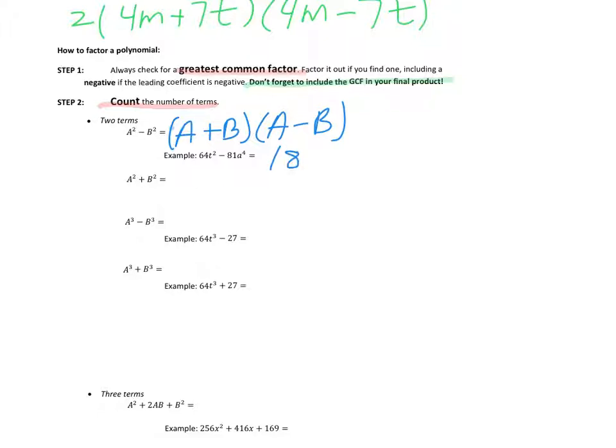Your a is 8t, and your b is 9a squared. All right. Remember, a squared plus b squared is just equal to a squared plus b squared, and that's because it's prime.